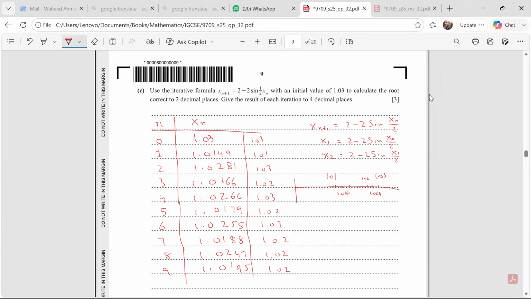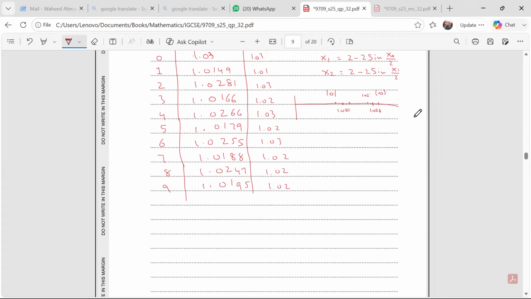So yes, if you are calculating for two decimal places, then we converge to 1.02. This is how we try to solve some questions mechanically.